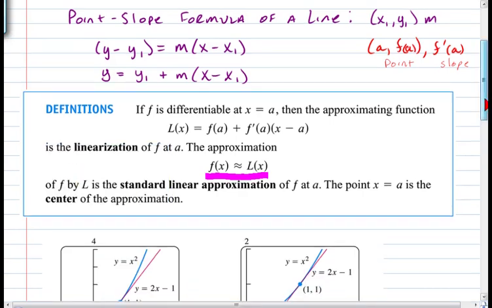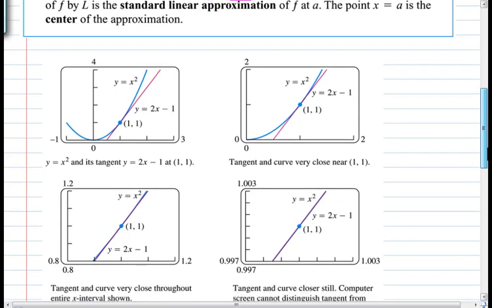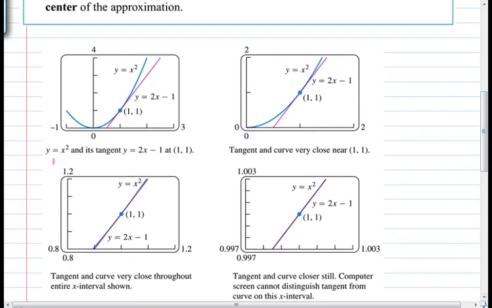Aha. So, here's a quadratic function, right here in blue, y equals x squared. And there's the linear tangent at the point 1, 1.